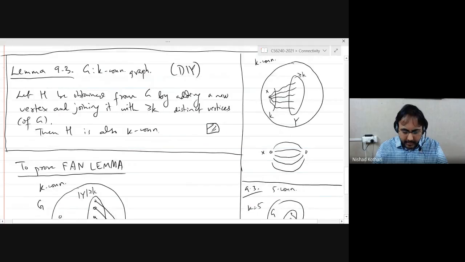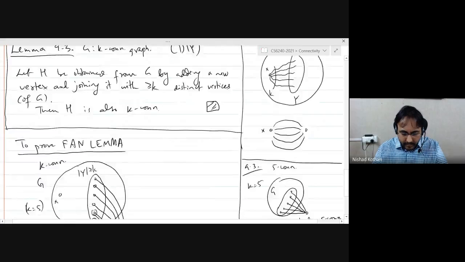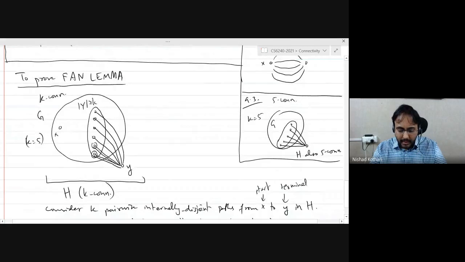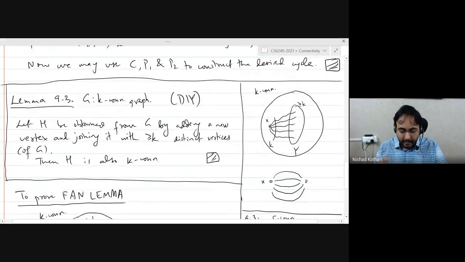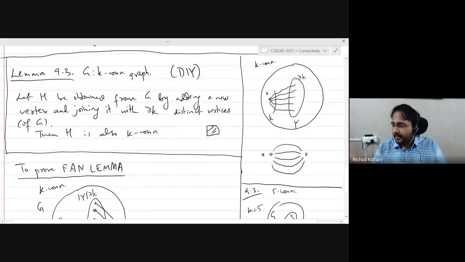So if you assume lemma 9.3, then we are not considering any cases here, because for the proof of the fan lemma, I can just add a vertex, join it to everybody, and that graph is k connected. Okay, that's correct. The complete graph has to be considered for lemma 9.3 separately. Okay, fine. Thanks. Any other questions or concerns?